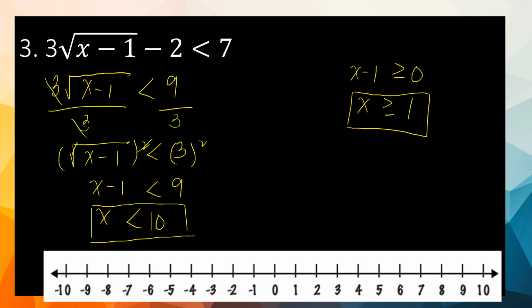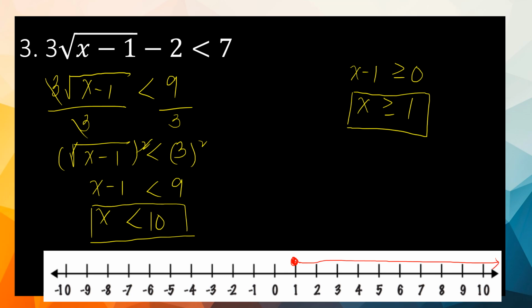So we have x is greater than or equal to 1. Let's find 1. It's here. It's a solid dot because it's greater than or equal. And again, the arrow is to the right since it's greater than. You need to make it longer since the other number is 10.